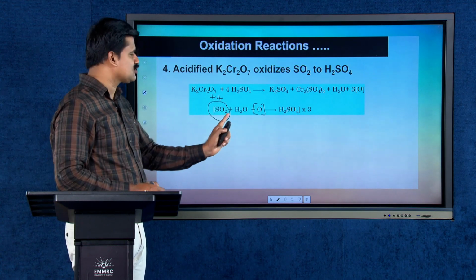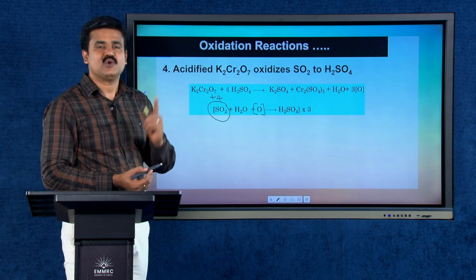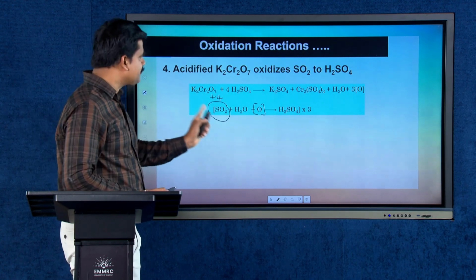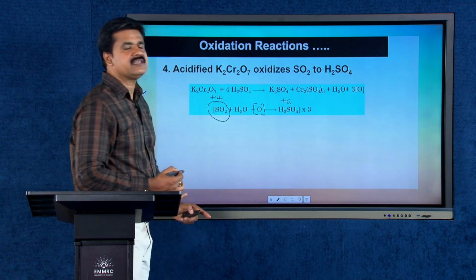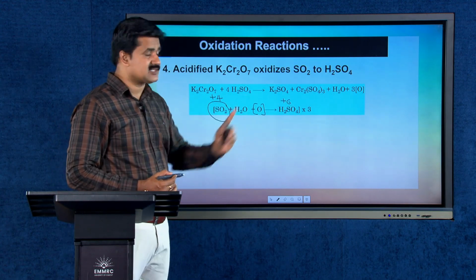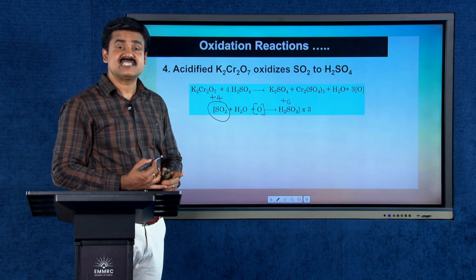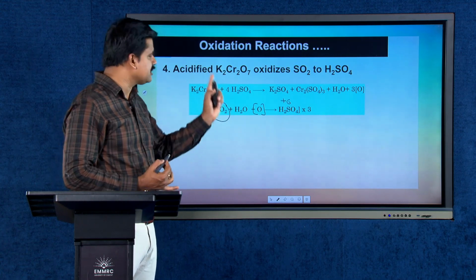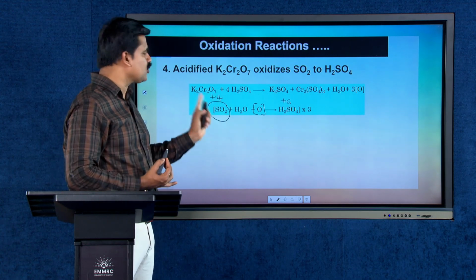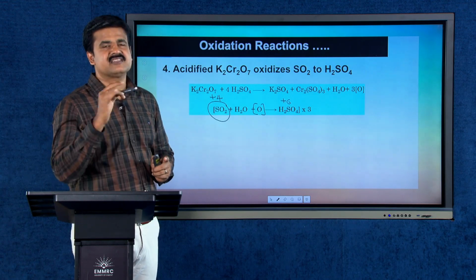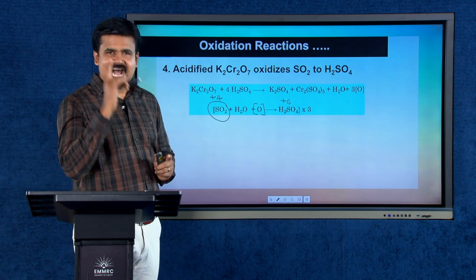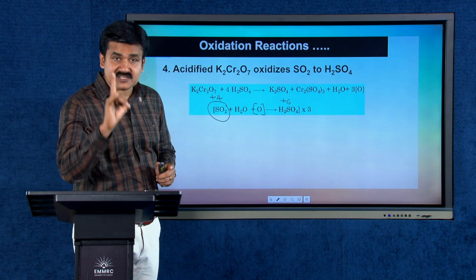So, in SO2, sulfur is present in +4 oxidation state. That +4 state is converted to +6 state in sulfuric acid. In H2SO4, sulfur is in +6 oxidation state. So, during the course of the reaction, the +4 oxidation state of sulfur is just converted to +6 oxidation state. That is an oxidation reaction, and acidified K2Cr2O7 is responsible for that oxidation.